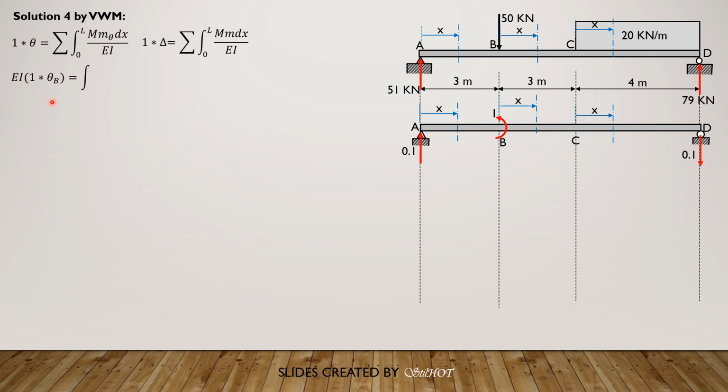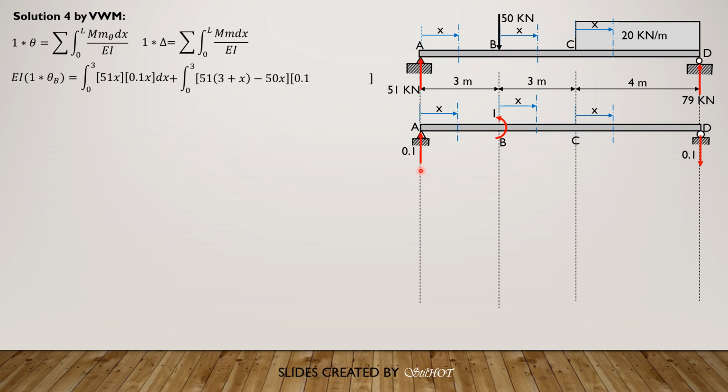So EI times 1 times theta B, we put EI there because EI is constant. So the integral of the moment in this section is 51 times x, clockwise positive, remember, if you start from the left. So 51x for the big moment, 0.1 times x dx, 0 to 3. For the next section, we have plus integral of 51 times 3 plus x minus 50x for the big moment.